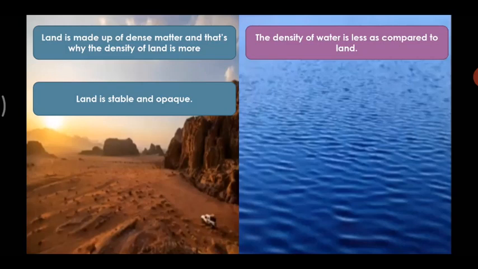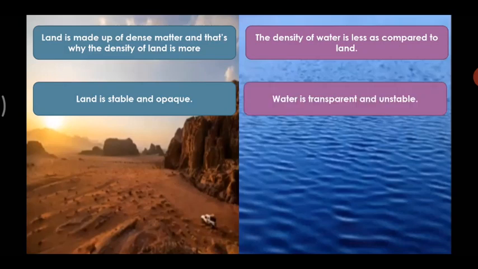Opaque means you can't see through it. But water is transparent, that means we can see through water. And water is unstable because it keeps moving. So this is the second difference.